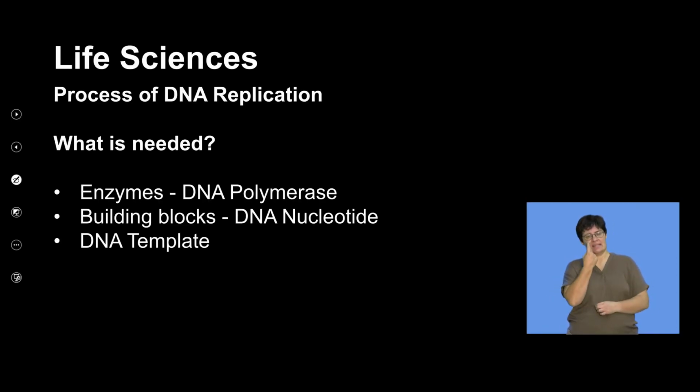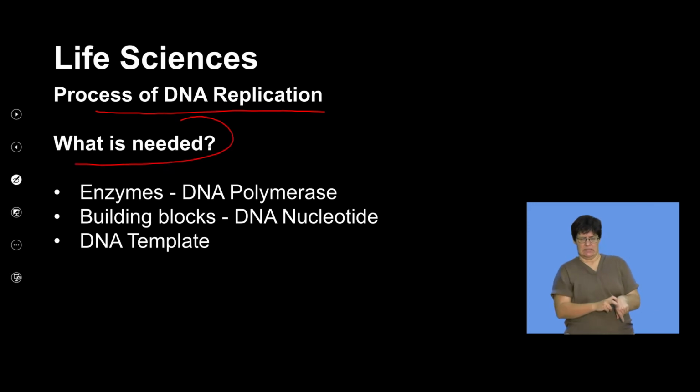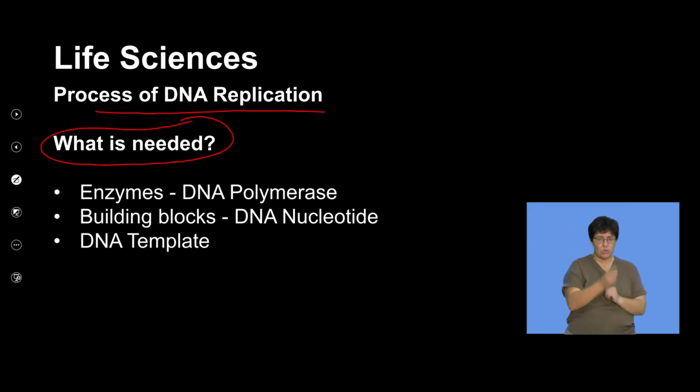So let's understand the process of DNA replication. It's important that we identify what is needed. There's a series of needs for this process to occur. The first, in most biochemical processes, is enzymes. The enzymes we're going to look at are a group of enzymes that we refer to broadly as DNA polymerase.